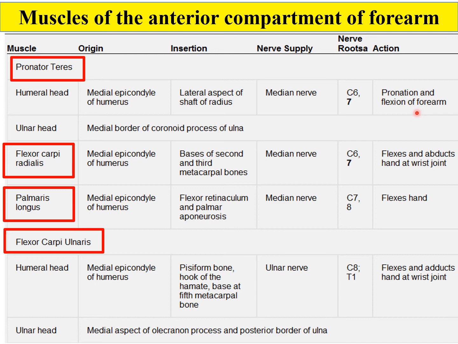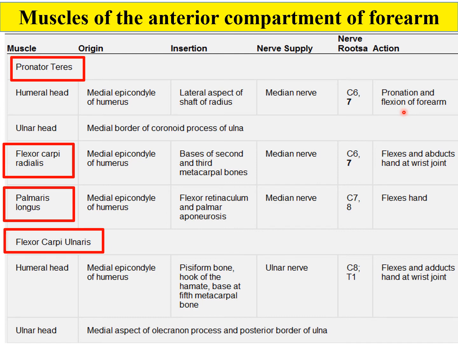So if any muscle is helping in movement, maybe a little bit of movement or partial movement, it will be part of that joint movement, like pronator teres, helpful in the flexion of the forearm.